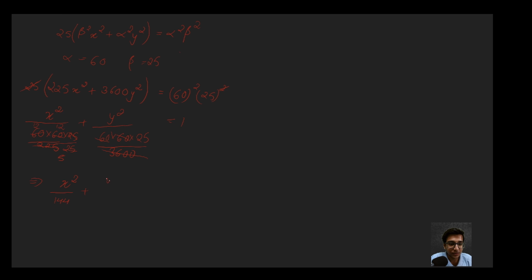Now we have to find out what was asked in the question, eccentricity. From here we know that a square is equal to 144 and b square is equal to 25. So what is the formula of e square? 1 minus b square by a square. So from here we can write 1 minus b square by a square, which transforms to 144 minus 25 upon 144.